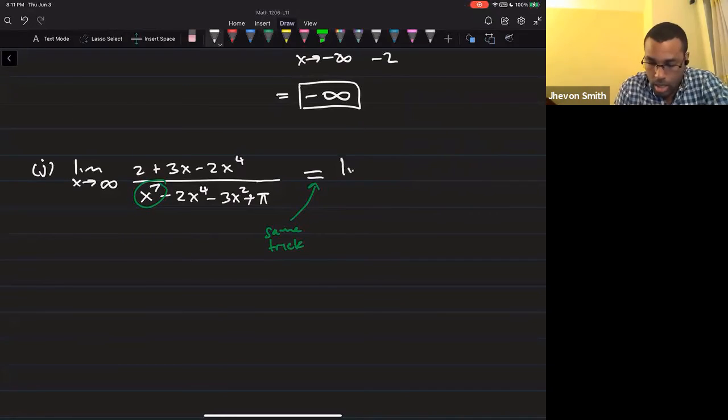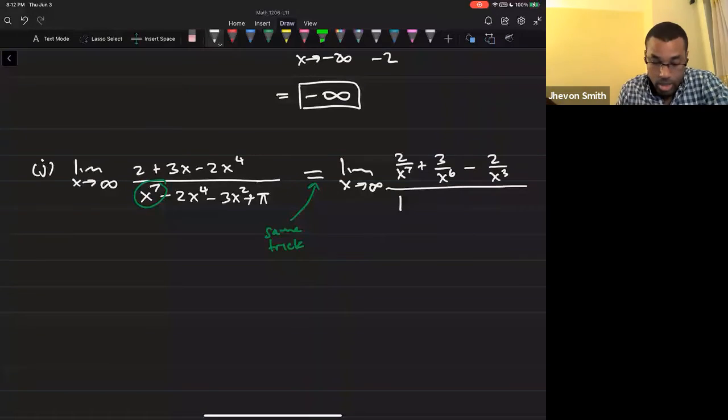So that's going to look like the limit as x goes to infinity of 2 over x to the 7th plus 3 over x to the 6th minus 2 over x cubed, over 1 minus 2 over x to the 4th minus 3 over x to the 5th plus pi over x to the 7th.